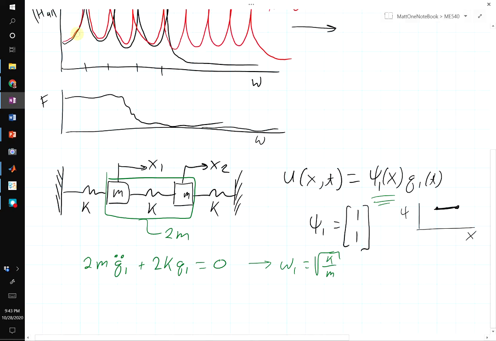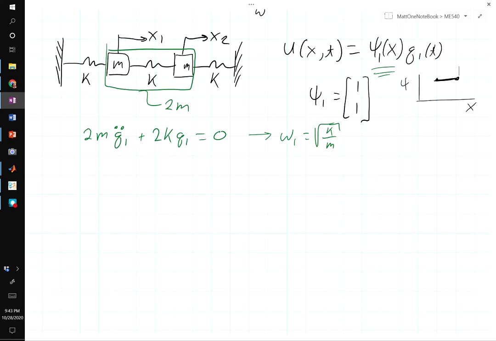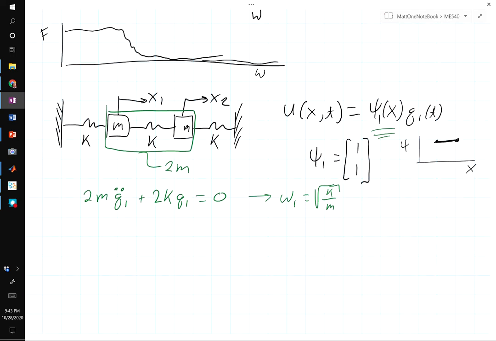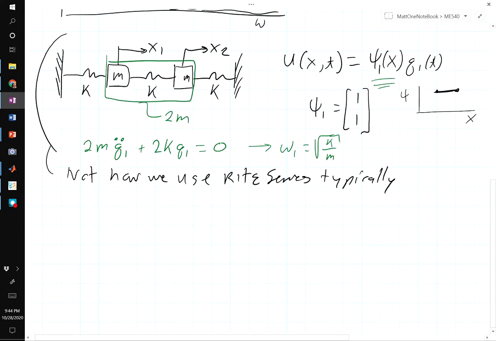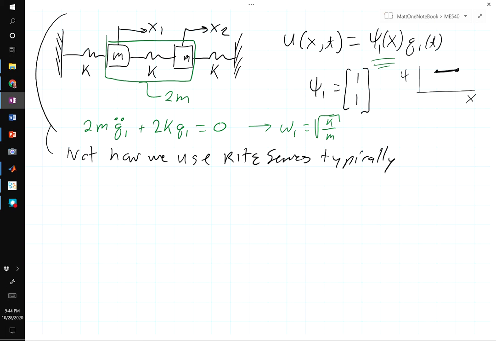Alright, so let's talk about how you would do this in practice. So again, this is just an example, this is not how we use the Ritz series typically. So what do we actually do in practice?